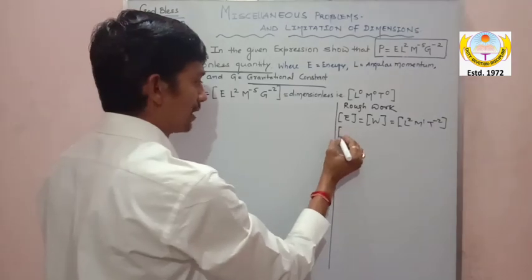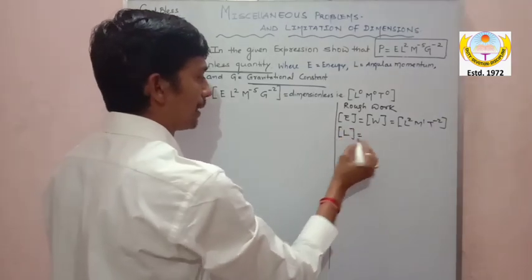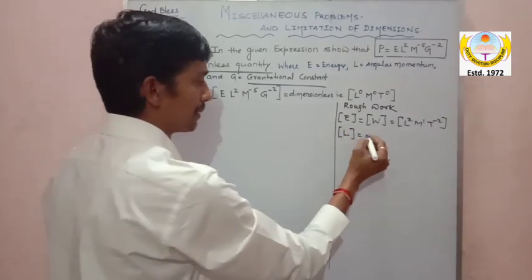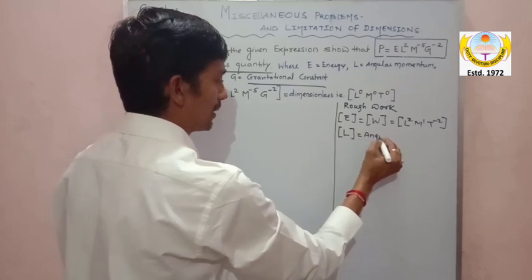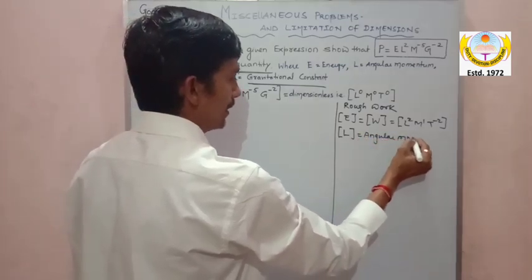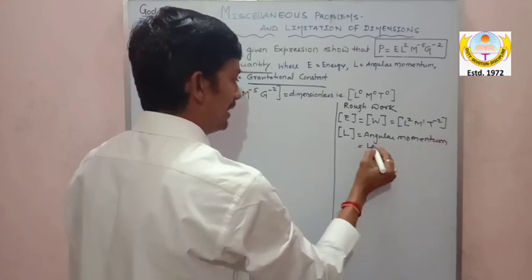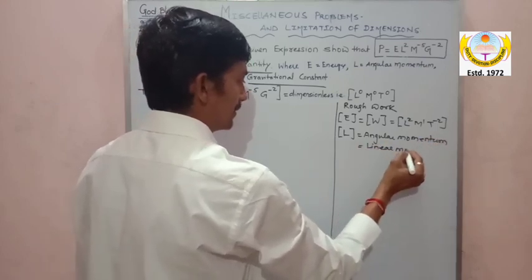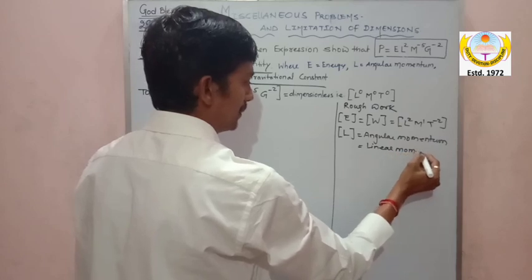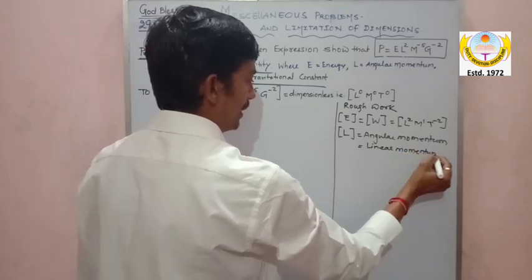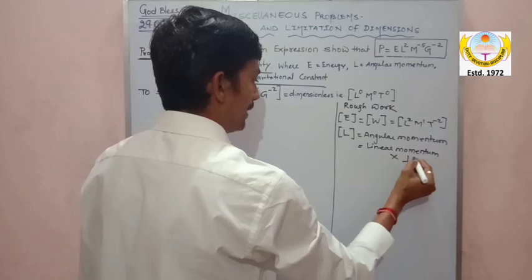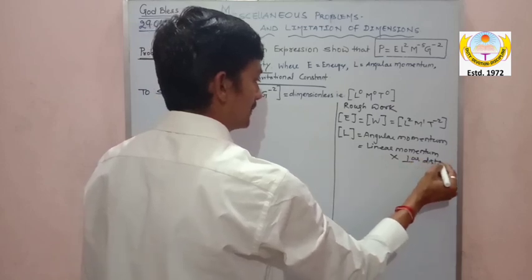Next is angular momentum L. Angular momentum has the formula linear momentum multiplied by perpendicular distance.